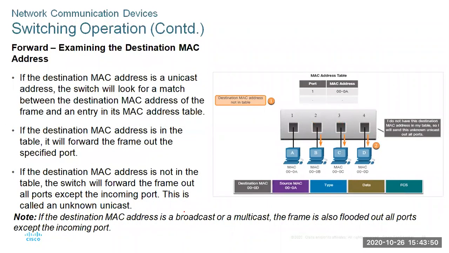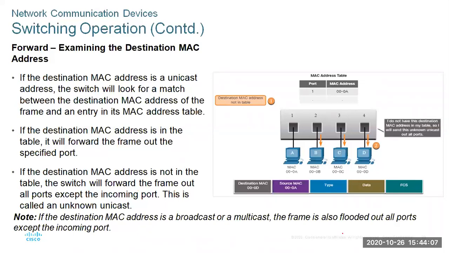Now, if the destination MAC address is a unicast address, the switch will look for a match between the destination MAC address of the frame and an entry in the MAC address table. That is what we are seeing here.